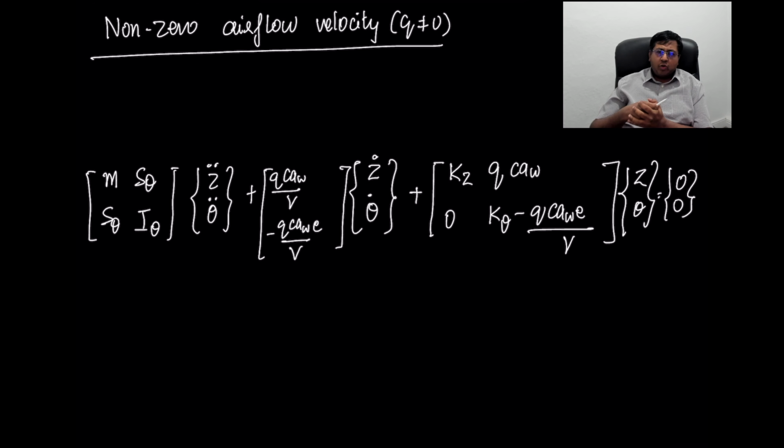Our whole goal is not to mathematically derive these complex equations, but to understand the physical implications and the meaning that these equations are telling us. Right? So let's make it a little more complex. Let's assume that the airflow velocity is non-zero. Right? Q is non-zero.